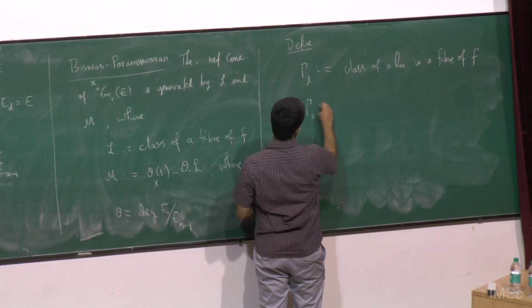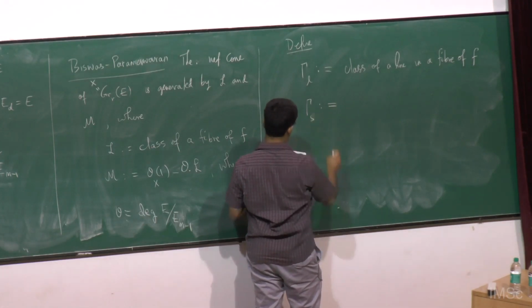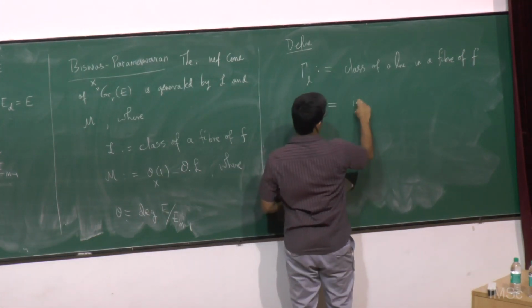Similarly, we take gamma_S, gamma sub small s, to be the image of the section.